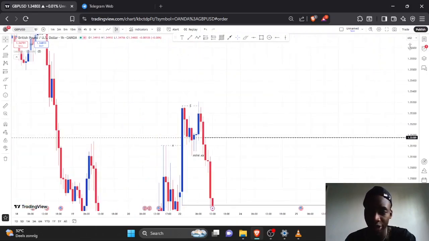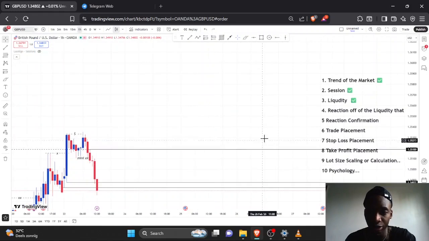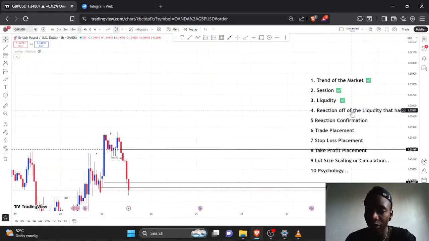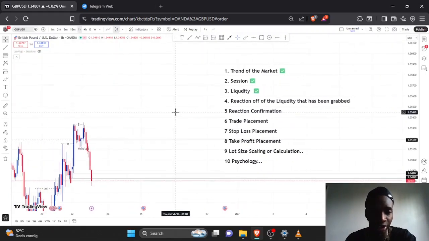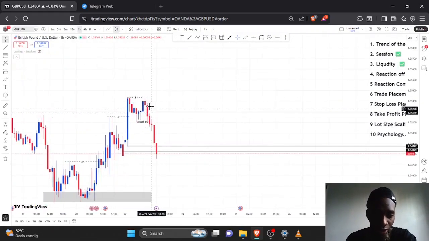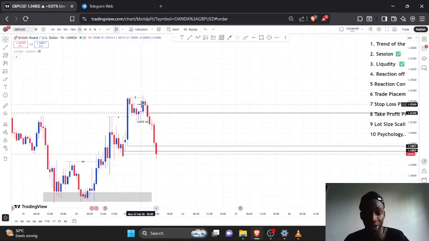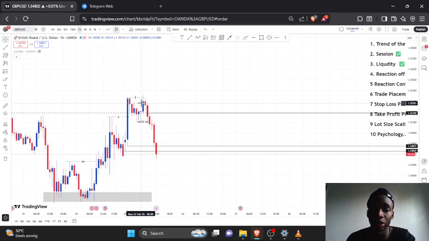Our criteria was a reaction off of the liquidity that has been grabbed. People count this as a liquidity grab, but for real, I don't see it as a liquidity grab.